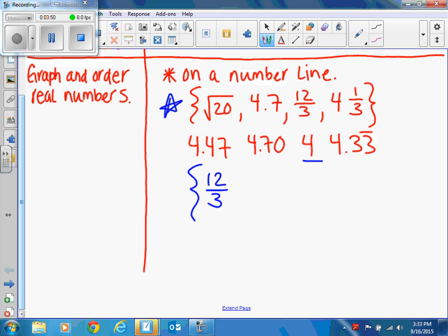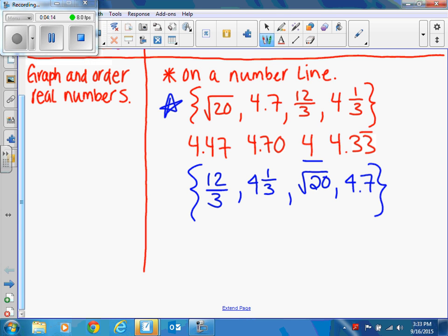And then next would be 4 and 1/3, and then the square root of 20, and then 4.7 being the greatest. Sorry, that 4.7 is looking a little crazy over there. And then close our braces.